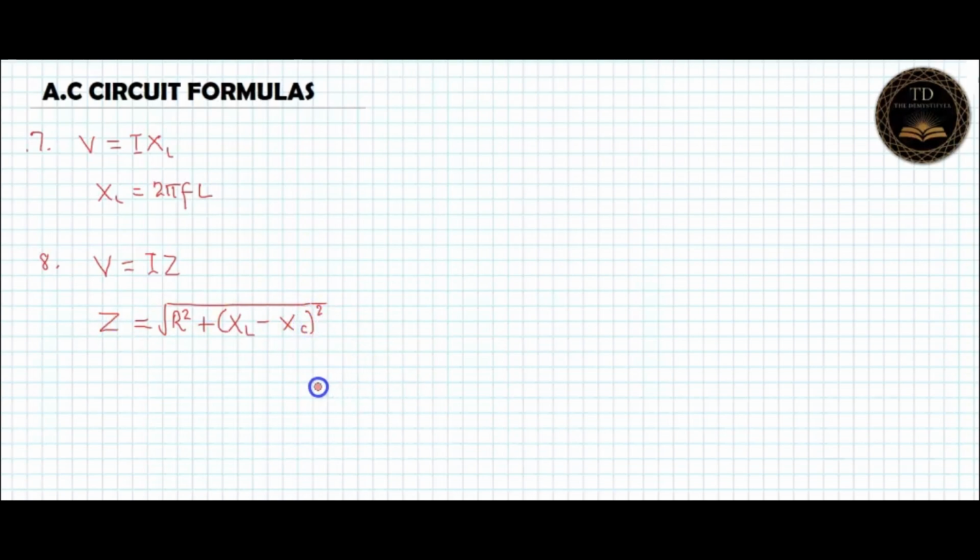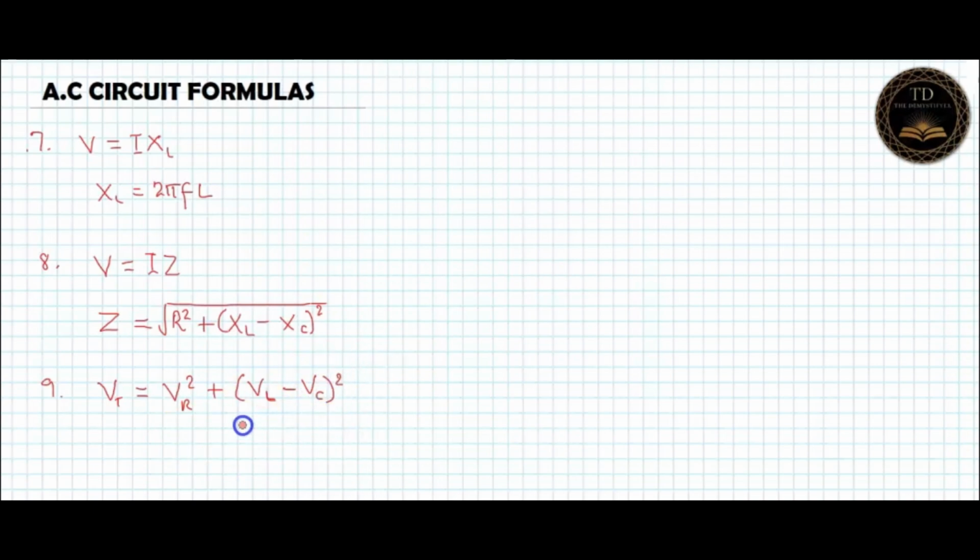Now also, in a circuit that contains these three elements, resistor, inductor, and capacitor, the effective or total potential difference across them, you can write total potential difference or effective potential difference, is given by this formula: V squared equals VR squared, which is the voltage across the resistor, plus, open bracket, the voltage across the inductor minus the voltage across the capacitor, all squared.